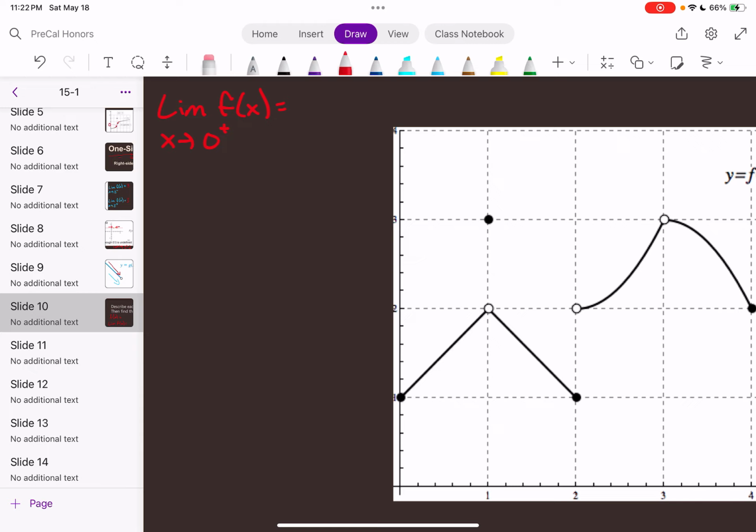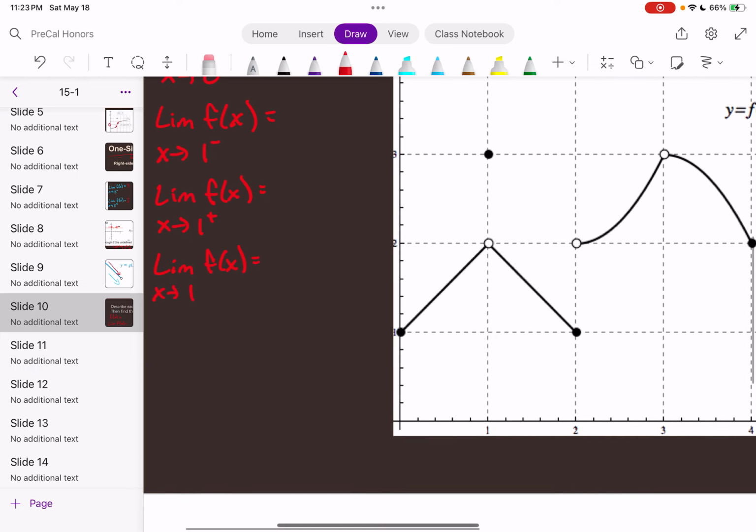Our next problem would be the limit of f of x as x approaches 1 from the negative side, the limit of f of x as x approaches 1 from the positive side, the limit of f of x as x approaches 1, and f of 1.